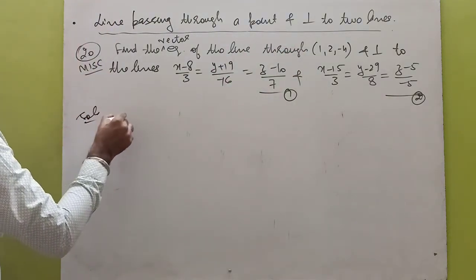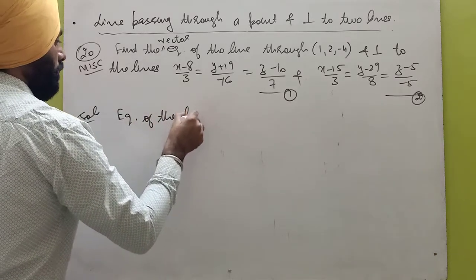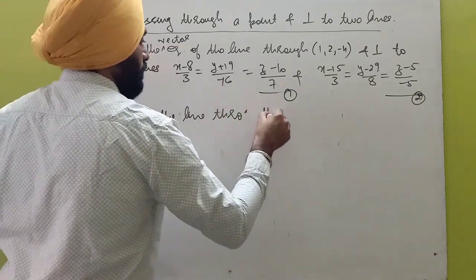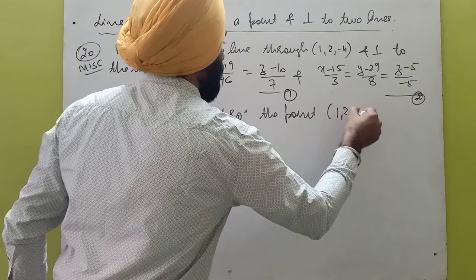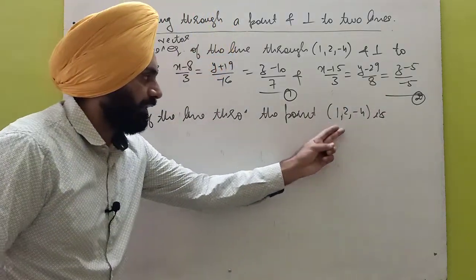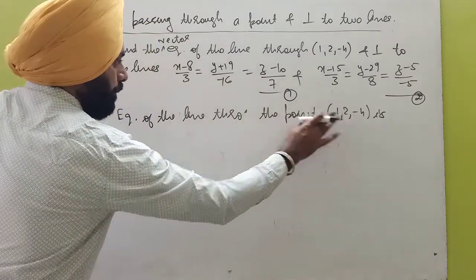And in the solution, equation of the line through the point 1, 2, minus 4 is, we need two things. First is a point and second are direction numbers to find the equation of a line. But we have only the point.